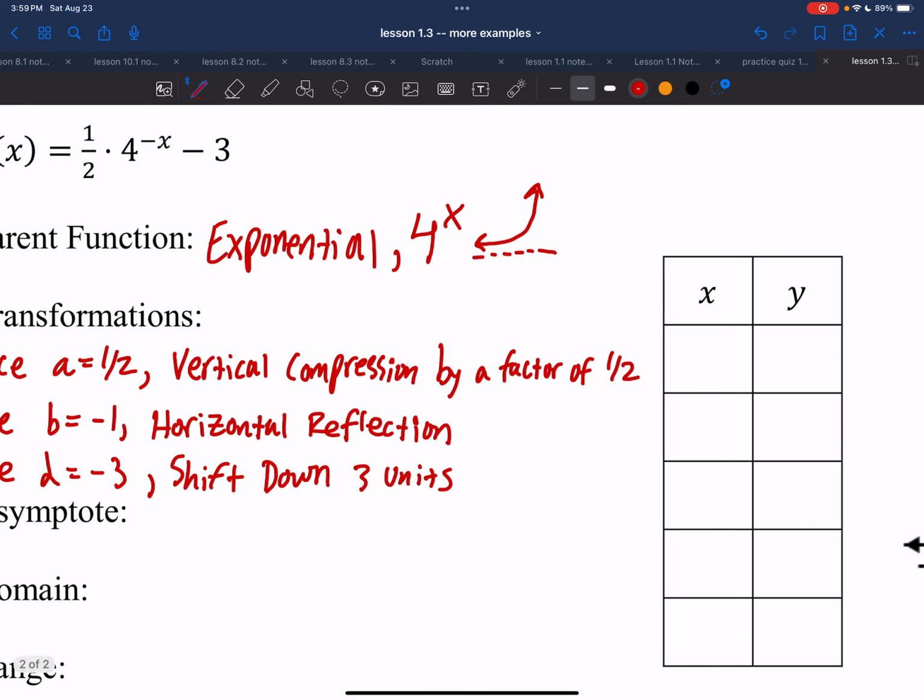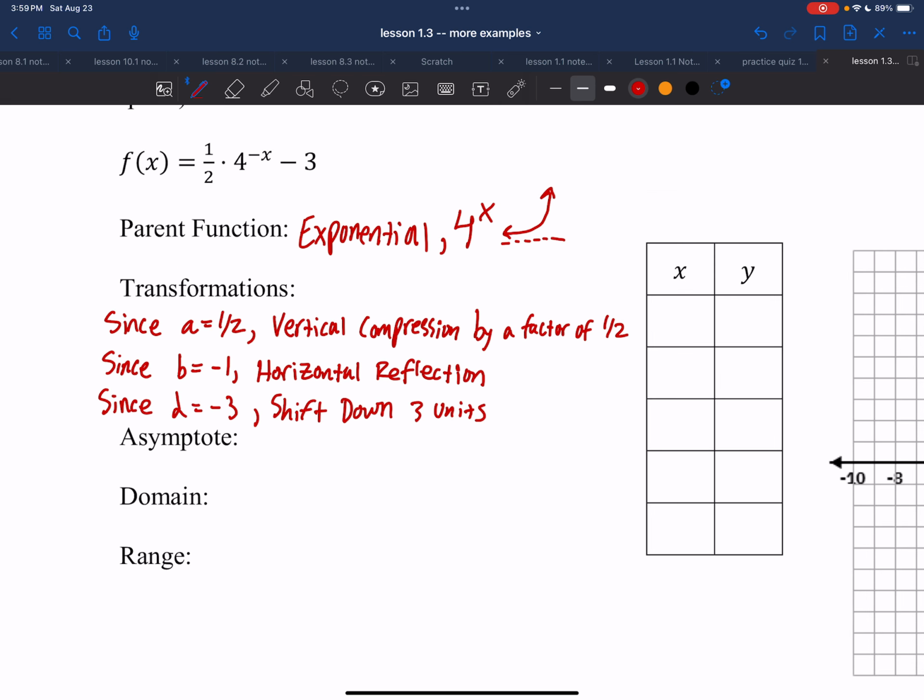Yes. Okay. Now it's time to plug in points. And for an exponential, this would be a little tricky. It can be. This one's actually pretty simple, mainly because there's no shifting left or right. But exponential doesn't really have a key point.